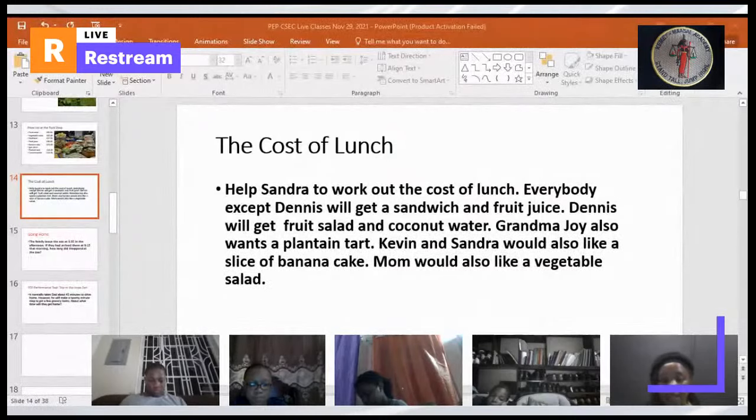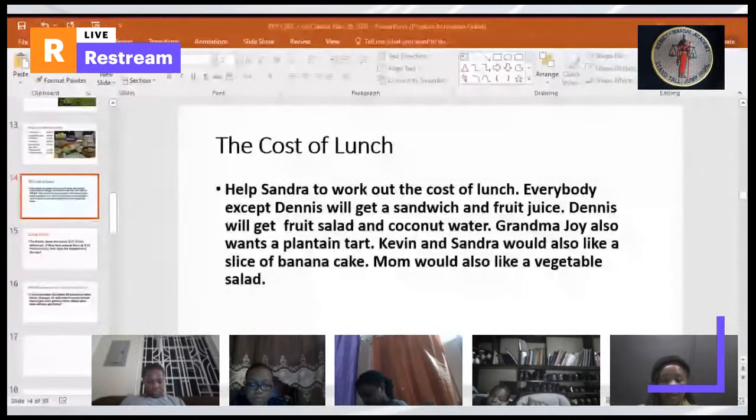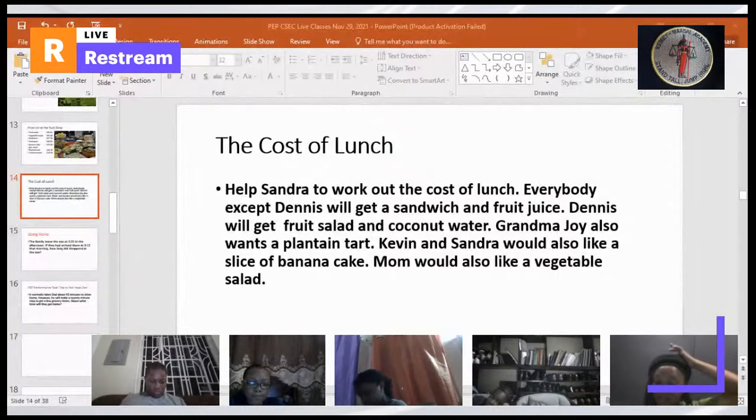And mom wanted a vegetable salad, that's $40. When I added all of that, the $304, the $48.50, the $16.30, $46, and the $42, I got $497.80. That's what I got.